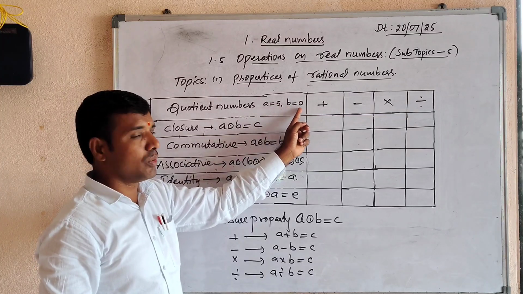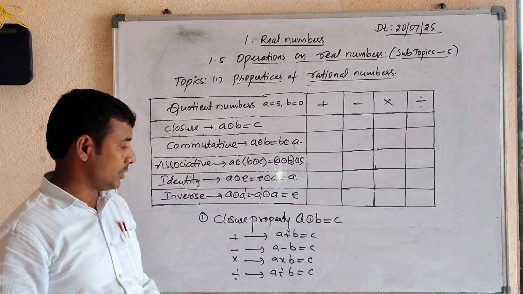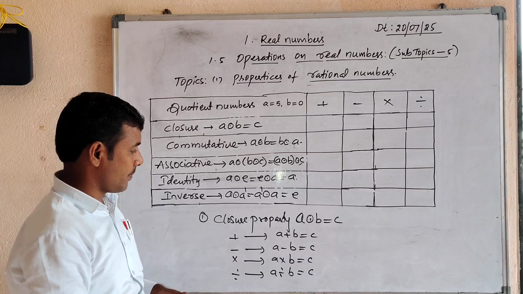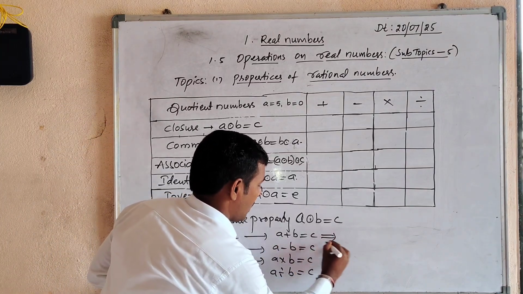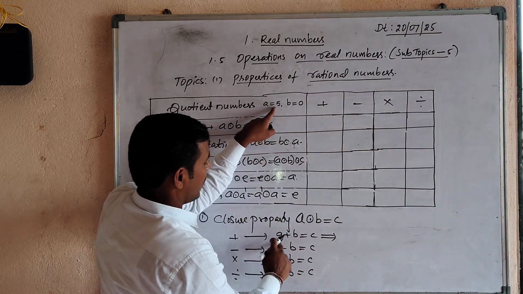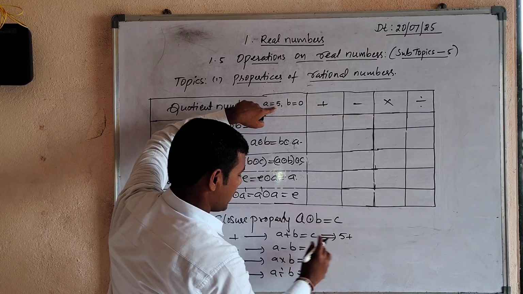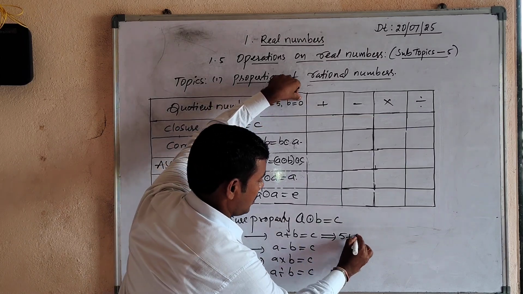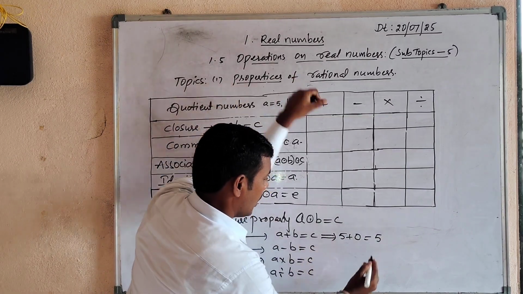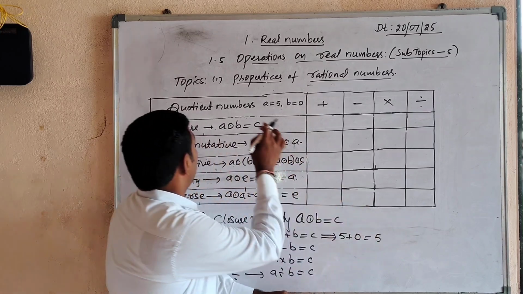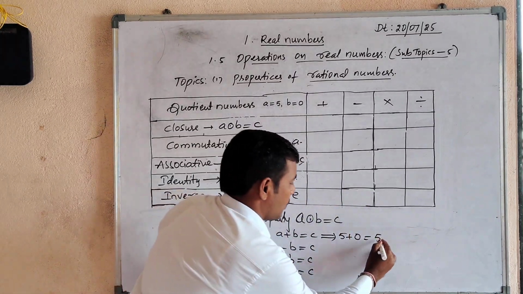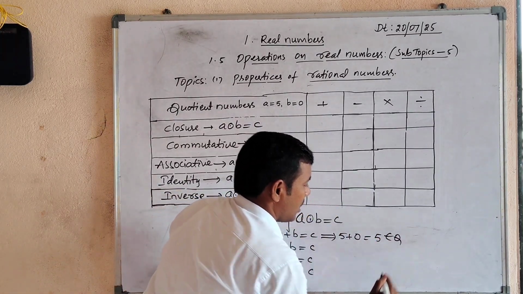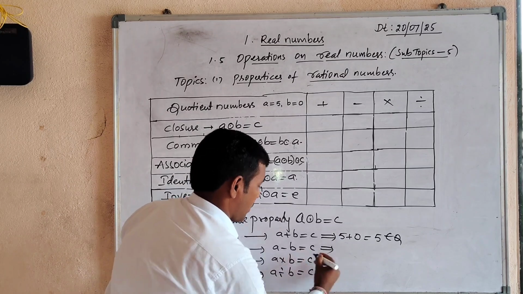Let us substitute. A plus B is 5 plus 0, which is 5. Is the result a rational number? Yes, 5 is a rational number.